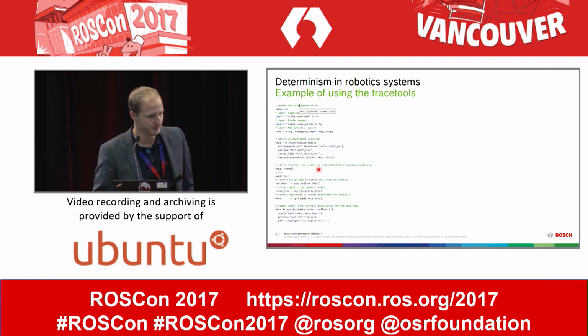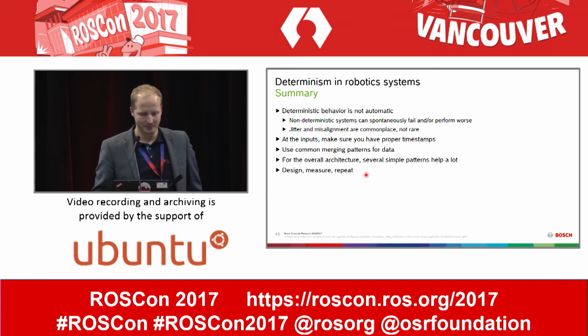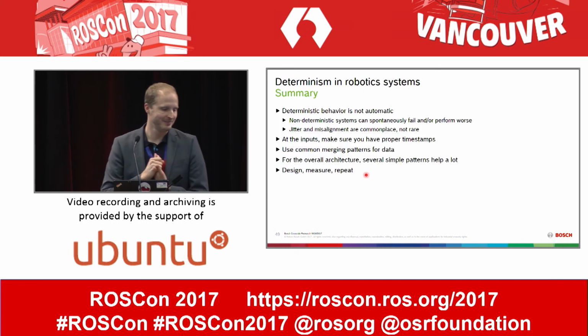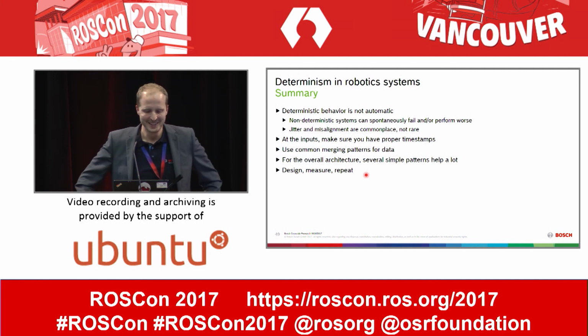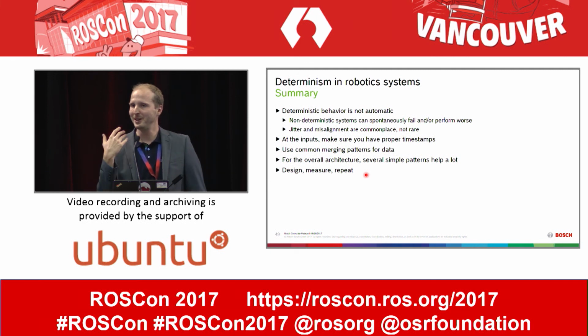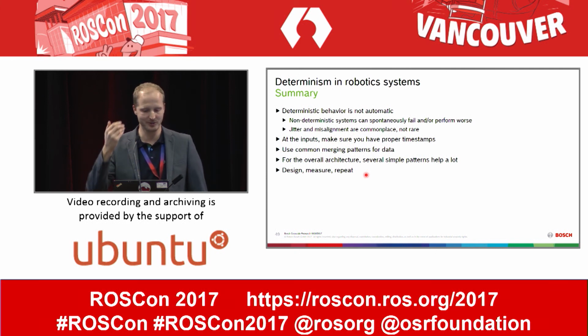And we have, well, you probably can't read that. Sorry about it. This is just some Python experiment code to run all the stuff and make a plot. OK, so to summarize, and I'm almost in time: deterministic behavior is not something that just happens. You have to think about it. You have to consider the architecture of a system.